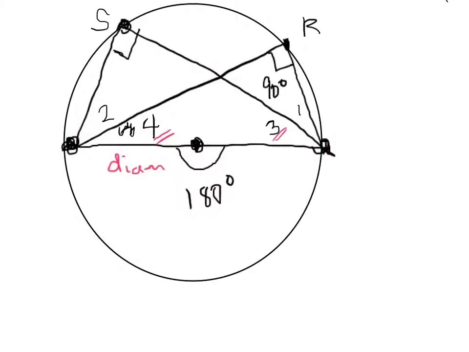I guess we could give them names, but we're not going to. If angle 3 equals angle 4, that's exactly saying that the triangle I keep tracing is isosceles.